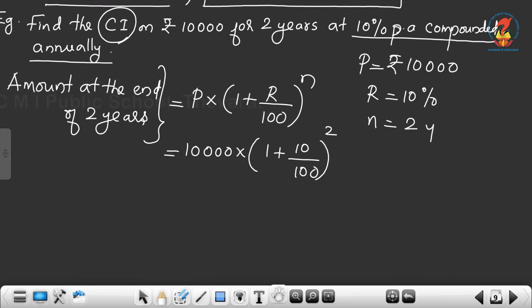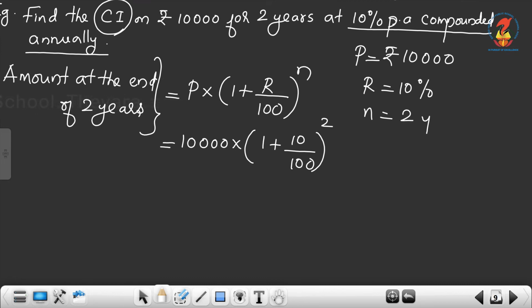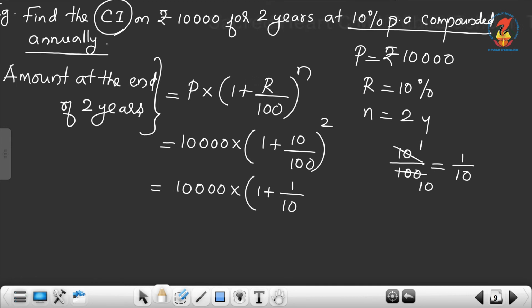Now how can you simplify this one? First of all you have to simplify 1 plus 10 by 100. So 10 by 100 we can cancel with the 10 one time, so 1 by 10. So 10,000 into 1 plus 1 by 10, in bracket, whole raised to 2.